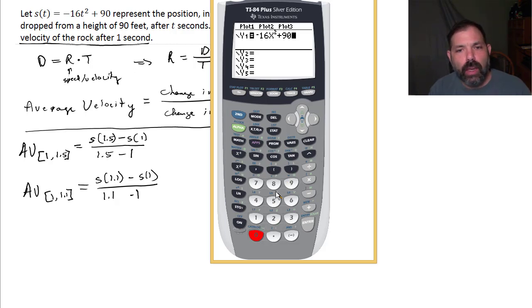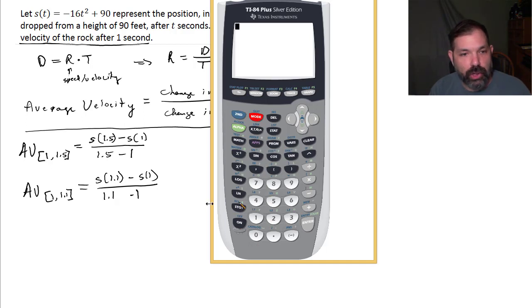Now, let's go back to the home screen and create an expression. If you weren't aware of it, from that y equals screen I can use this y variable, called y1.